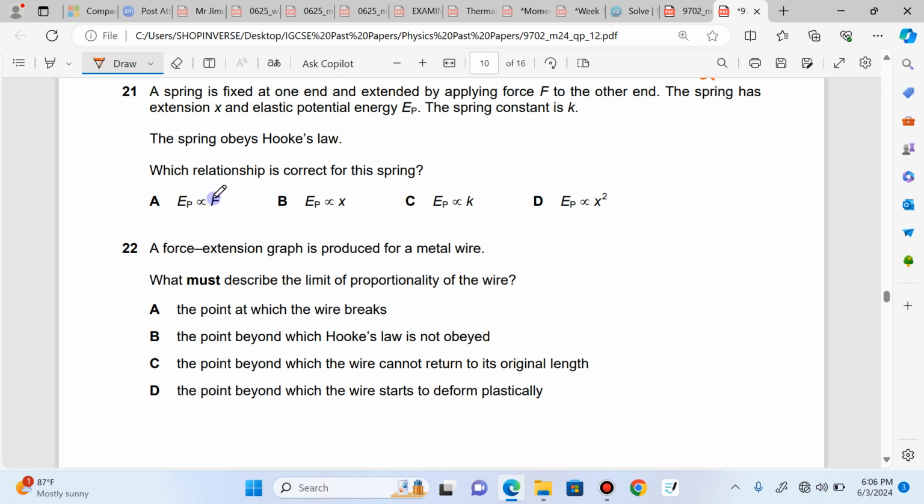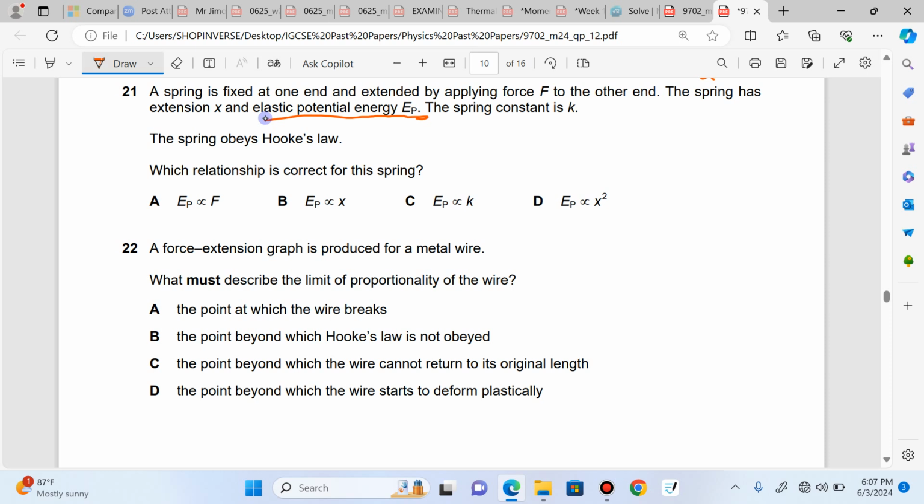EP is proportional to F. The elastic potential energy is proportional to F. The spring has elastic potential energy EP, so is elastic potential energy proportional to F?